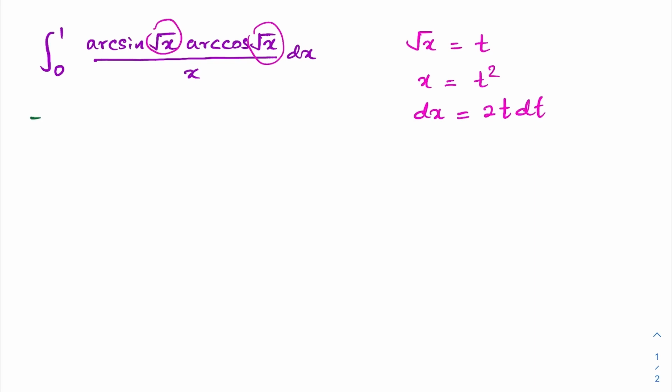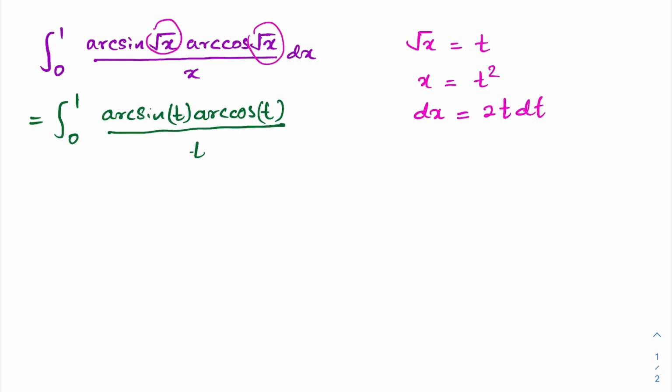The limits are also 0 to 1. Arcsine of square root of x we know is t, and arccosine of square root of x again is t, over x which is t square, dx which is 2 times t dt.